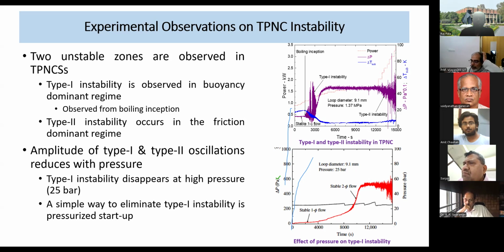In one channel, the delta P actually went to positive, and then it reversed to negative. And then again, it came back to positive. Whereas in one channel, it actually went to negative and remained negative throughout the experiment.